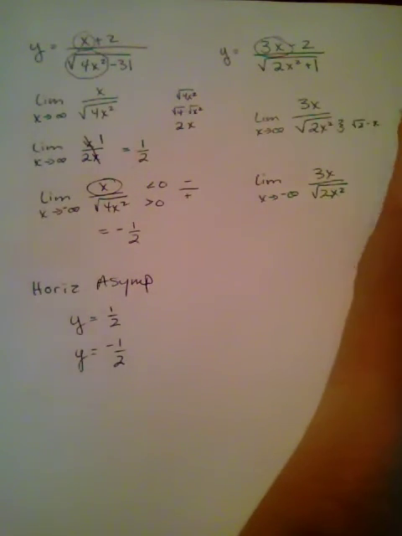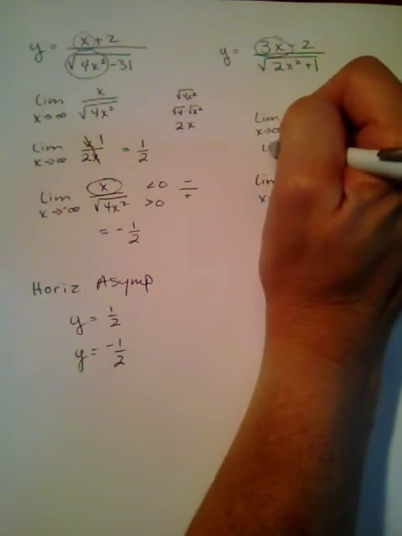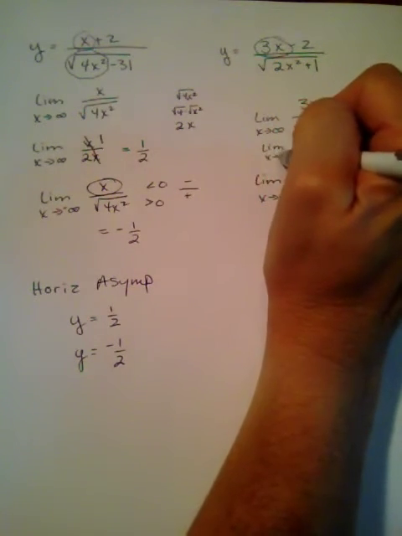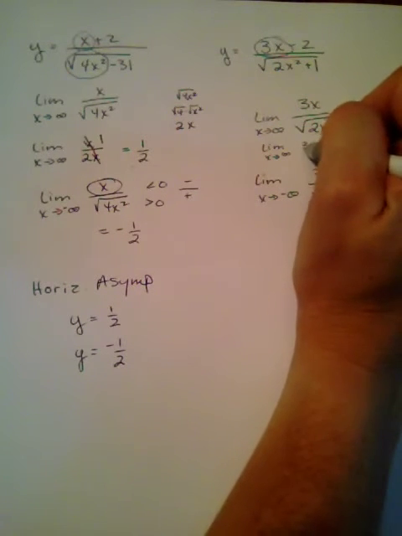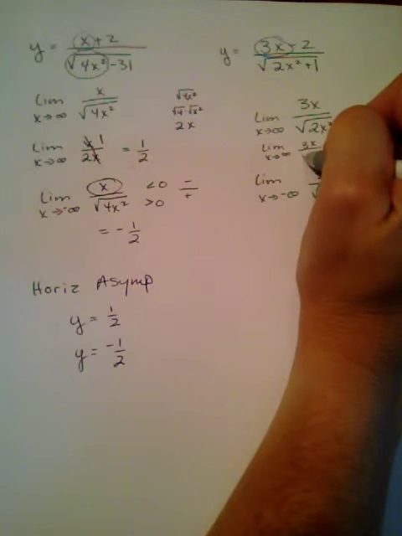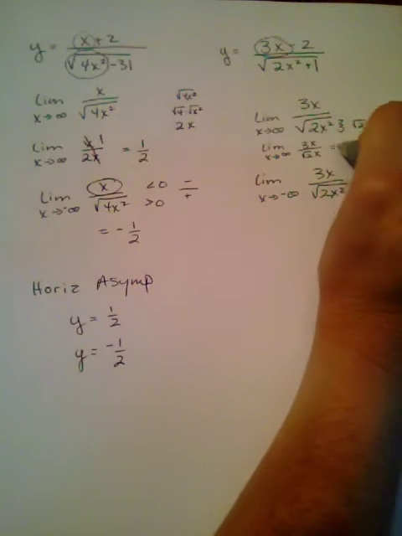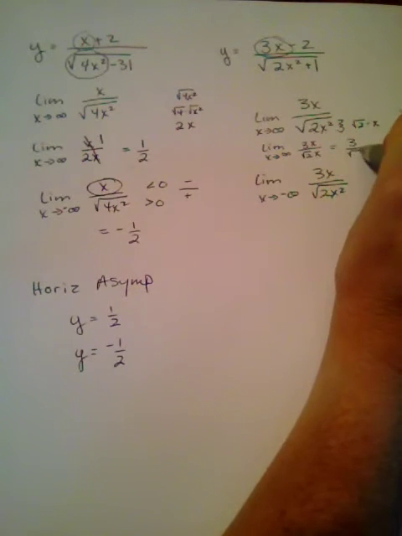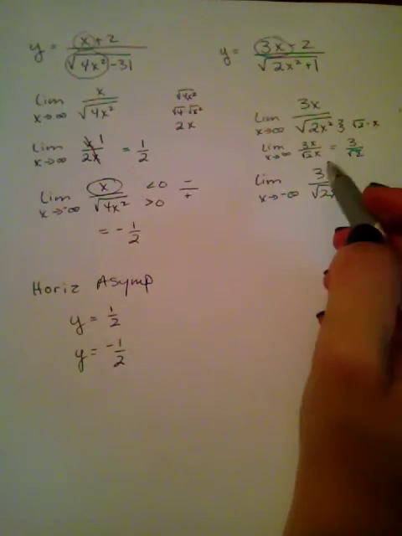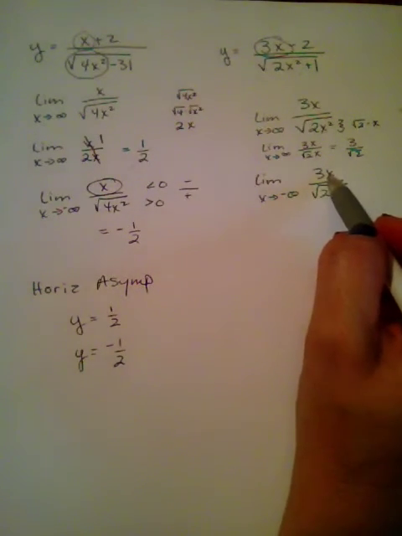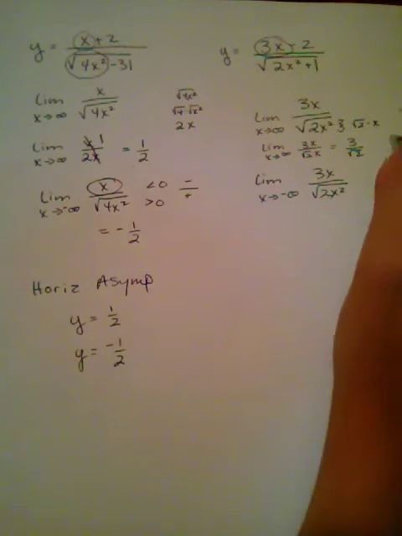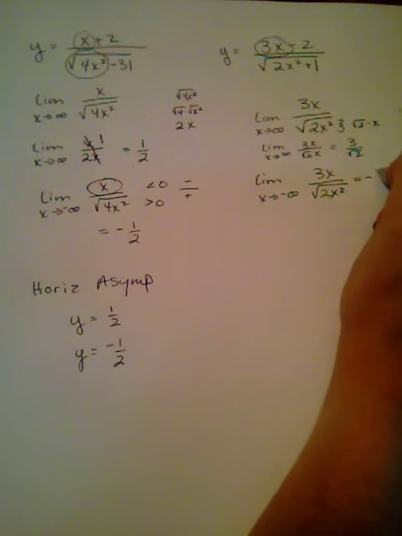So this is the same thing as the limit as x approaches infinity of 3x over the square root of 2 times x. So this equals 3 divided by the square root of 2, and everything was positive. Here I'm going to get the same answer, except my numerator is negative, my denominator is positive, so this will be a negative 3 divided by the square root of 2.